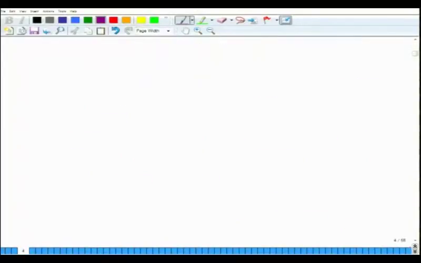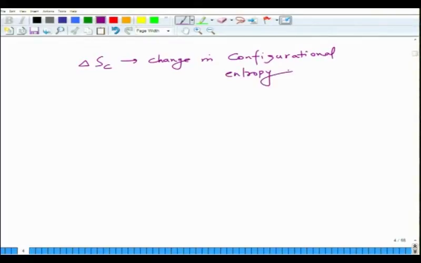So, we need to work out the change in configurational entropy that happens upon introducing a vacancy, and this is positive in nature, as we will see.